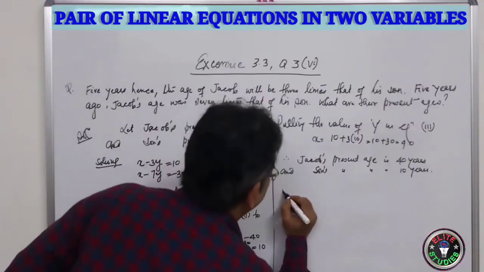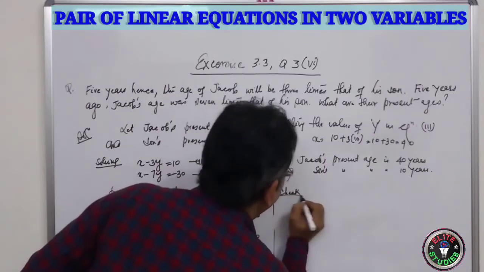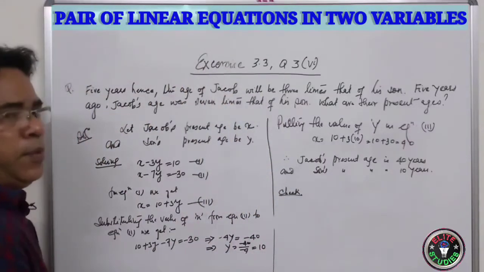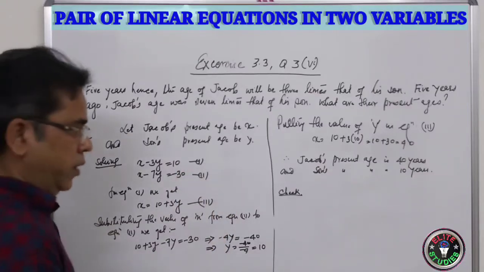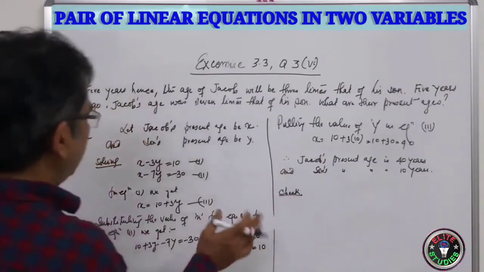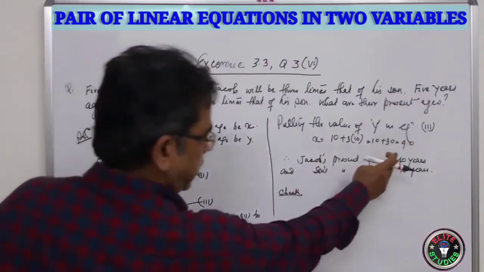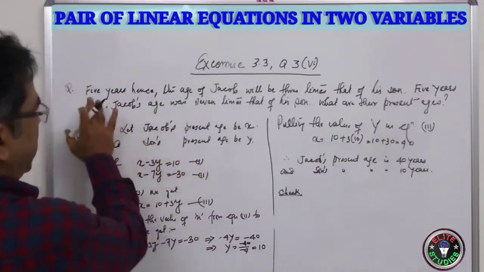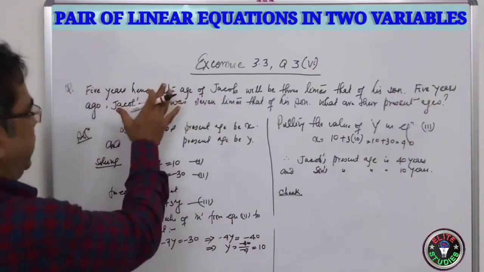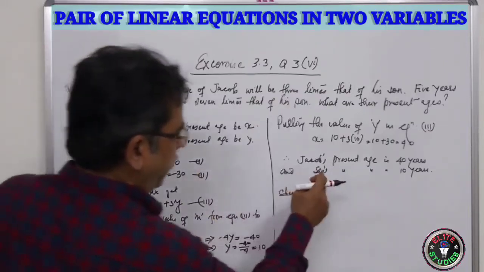Now let us check. Bear in mind that in such type of word problems, you can always check. Don't try to check your answer from these equations. Try to check from the question. 5 years hence means after 5 years.